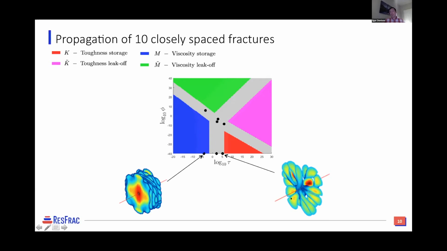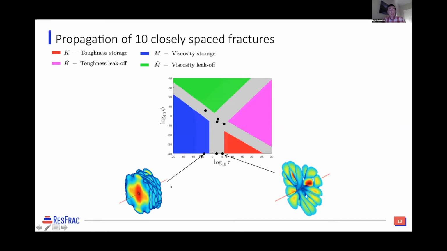Your solution becomes very unstable, very sensitive to perturbations, and each fracture develops this petal-like shape. Essentially the fractures have to minimize the overlap, so one fracture goes up, another goes down or left or right, so there is no overlap between the fractures.